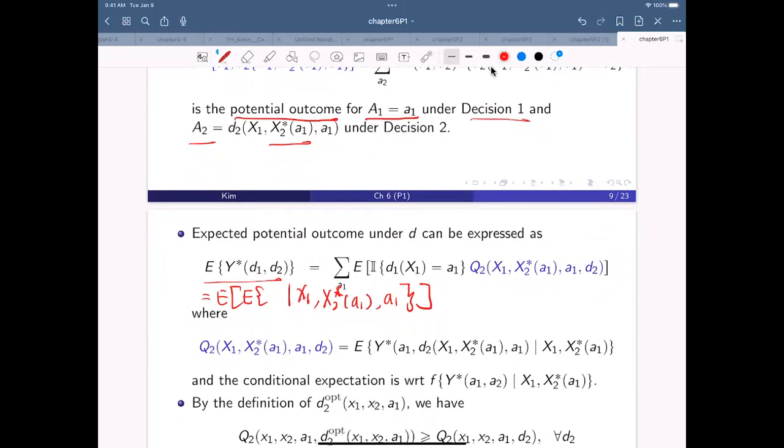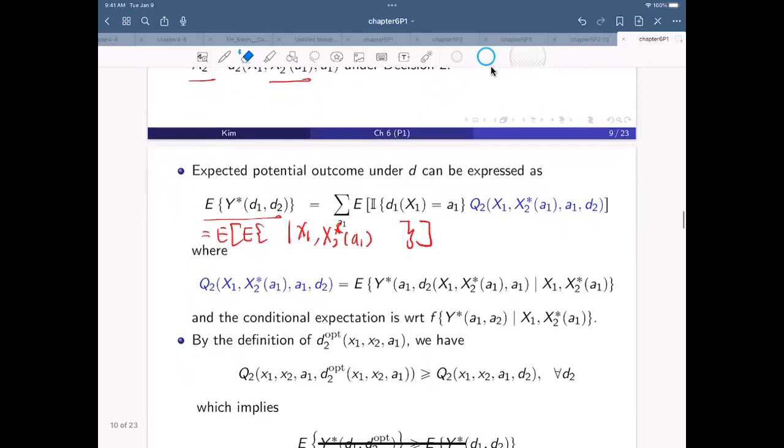Actually, we don't really need the condition on this because this is in terms of potential outcomes. Conditional of this one given potential outcome.